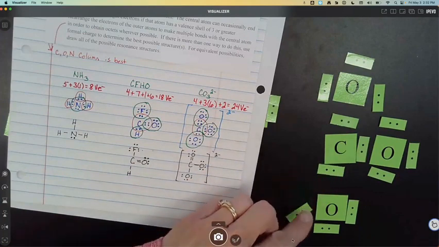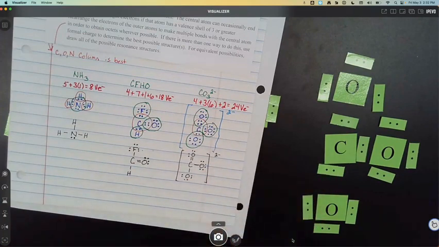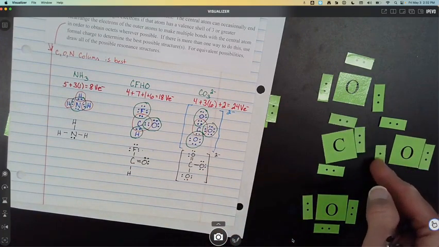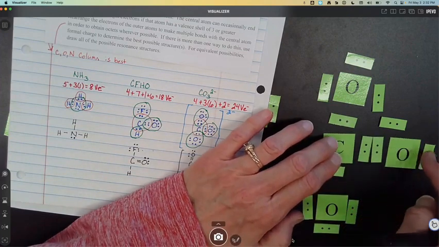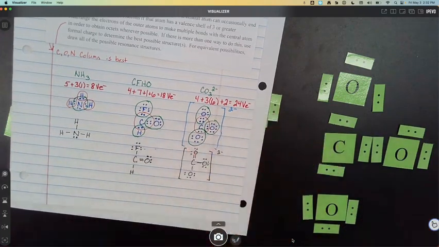Or we could have done it with the oxygen off to the side. The really horrible news is if you had to make a decision like that, when it's time to draw it, you actually have to draw all the possibilities. Now, it's going to end up only being 3 possibilities, not 9.